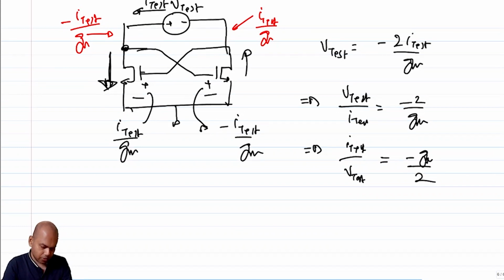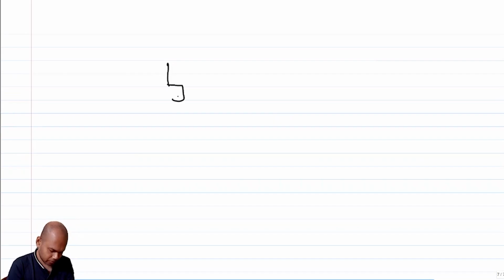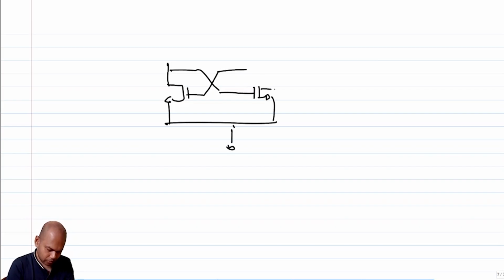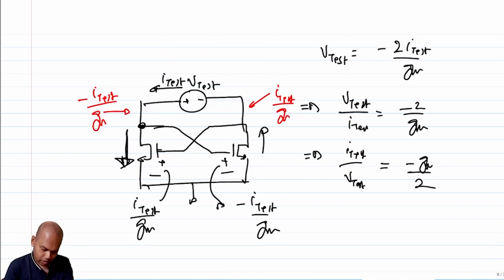So which essentially means that if I decide to put this RLC here, then I have to ensure that 1 over R, that is G, has to be equal to how much?